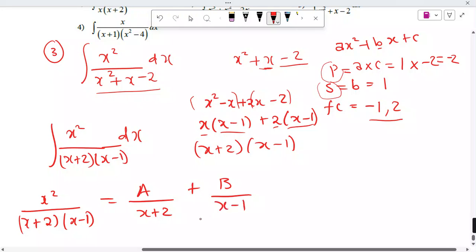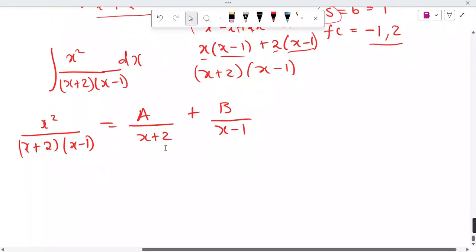These are our values. We only have two on the denominator. Next you multiply by this denominator, the whole of it, on the right and left.